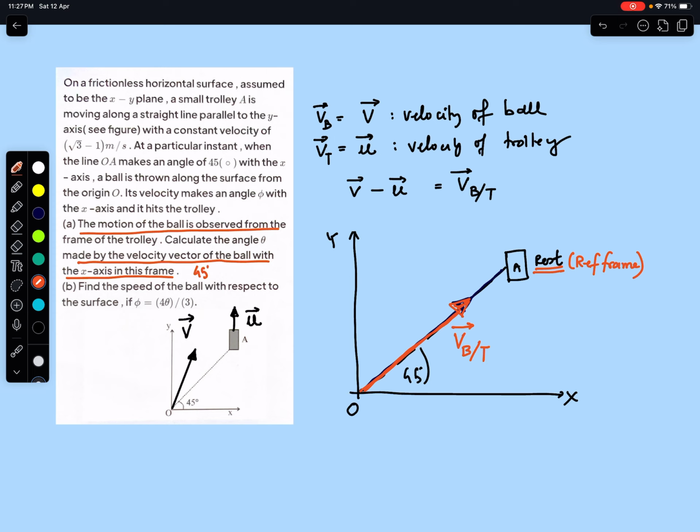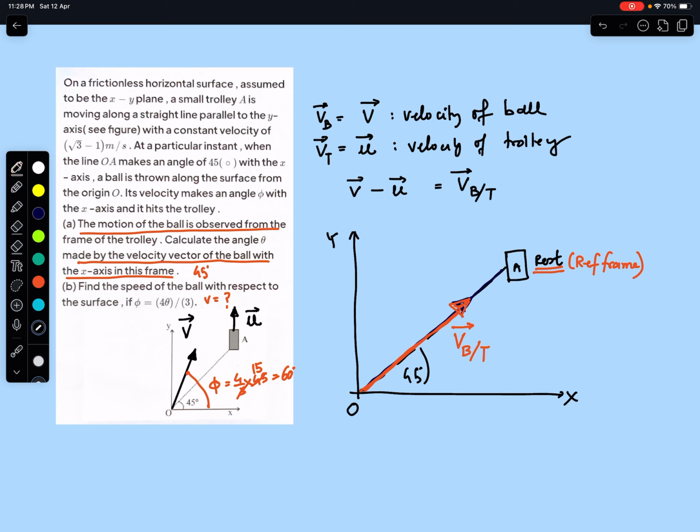Second, find the speed of the ball with respect to the surface, that means with respect to ground. That is, find V, or VB, if phi is equal to 4 by 3 into theta, that is 45 degree. So 3 into 15 is 45, so phi is 60 degree.